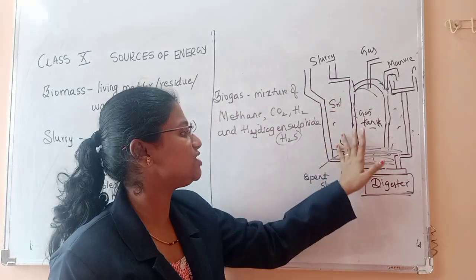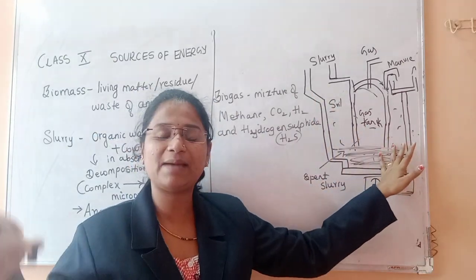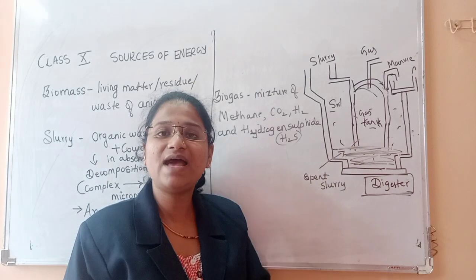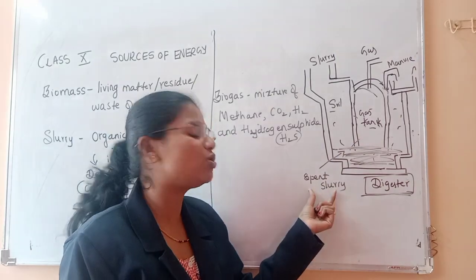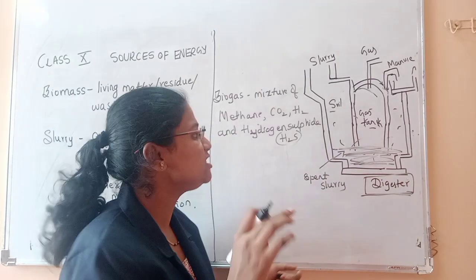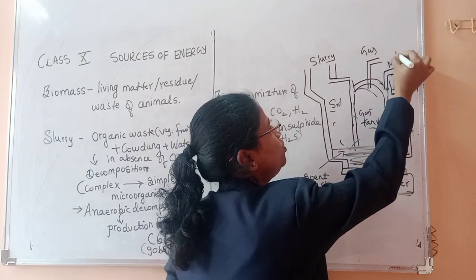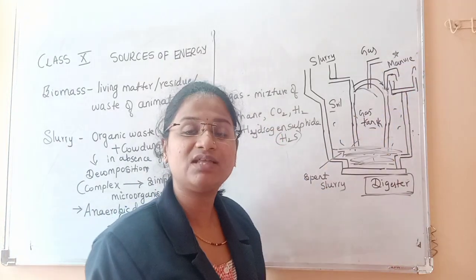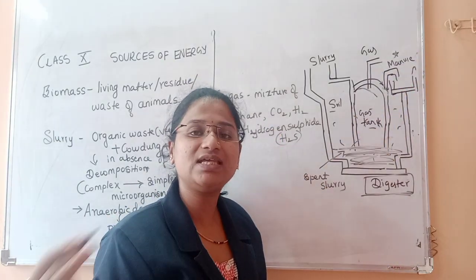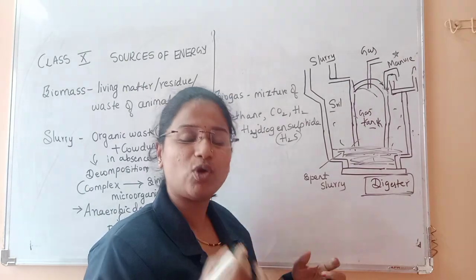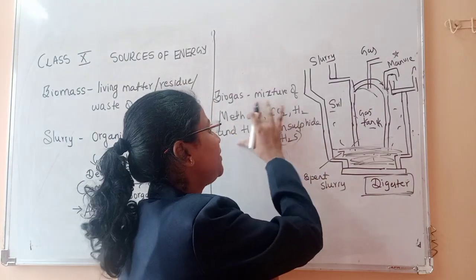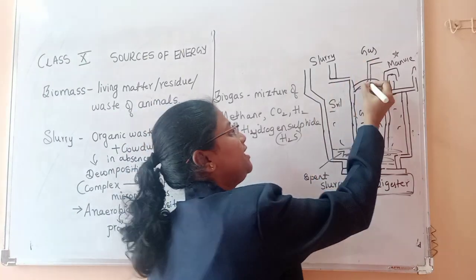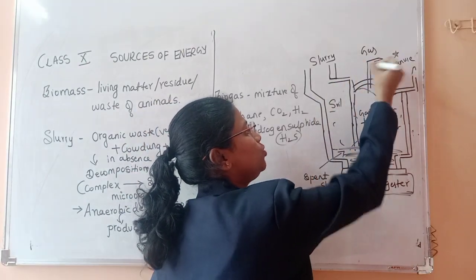So the slurry which is already decomposed in the absence of oxygen by the action of microorganisms is called spent slurry. That spent slurry will be used as manure and as a fertilizer in the fields. And the biogas which is released will have a separate outlet.